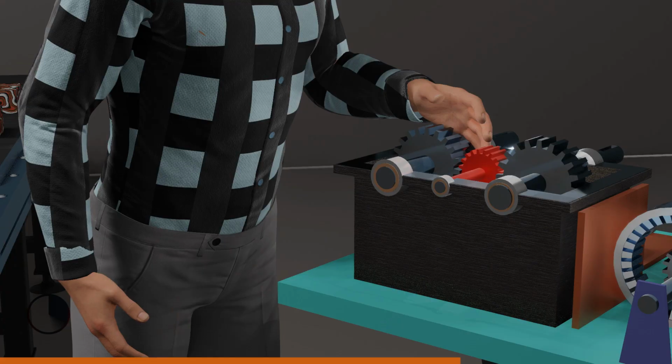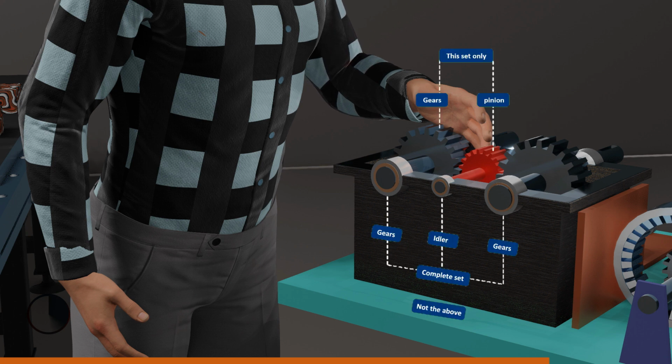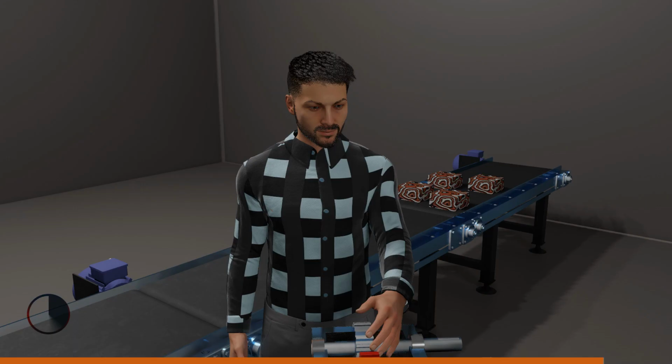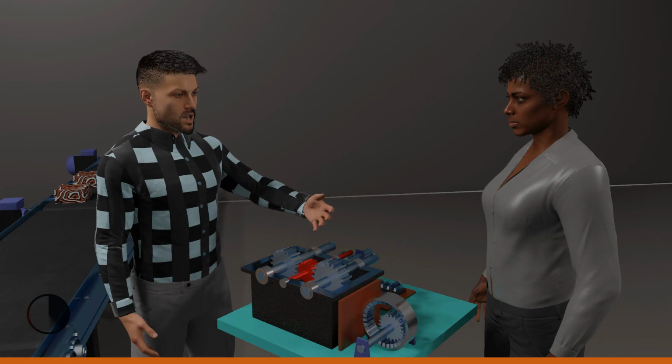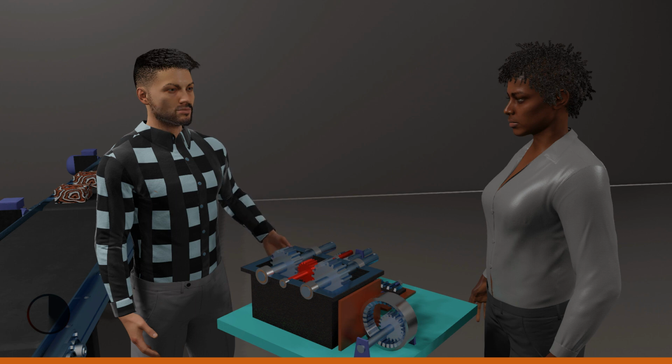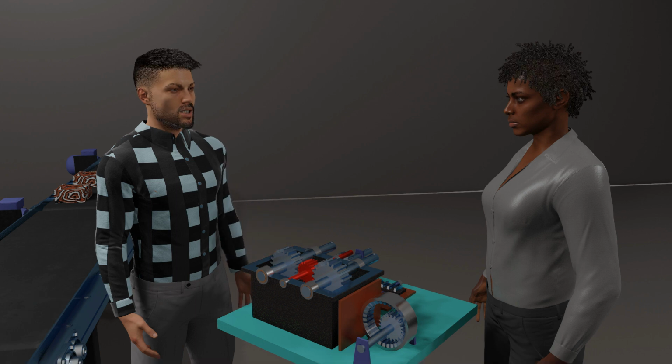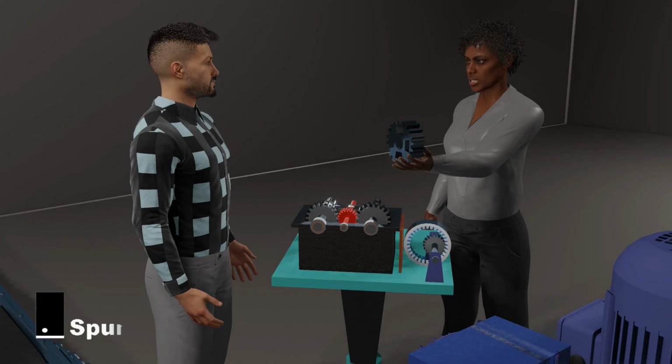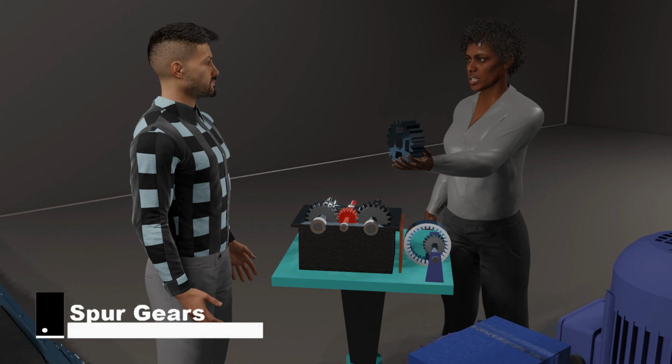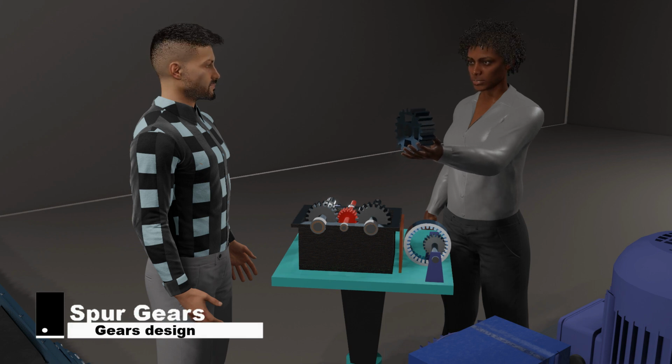Now, when two spur gears are meshed together to form a gear set, the larger gear is usually known as the gear, while the smaller gear is known as the pinion gear. When the gear is further connected to a shaft, a mechanical motion will be transmitted from or to the gear sets.